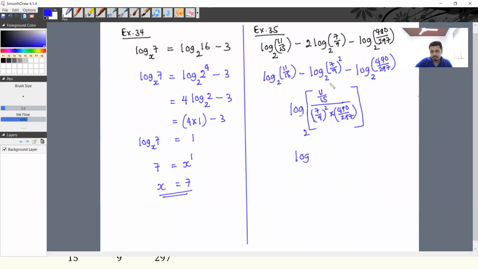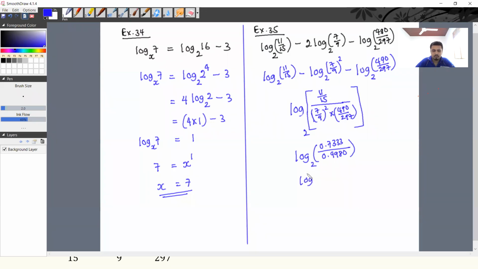Once we simplify this, 11 over 15 is 0.7333, divided by 7 over 9 squared into 490 over 297, that is 0.9980, to the base 2.